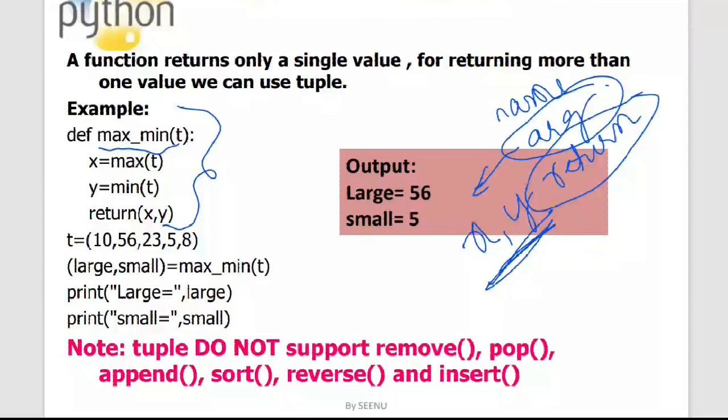If you want to find min and max of 50 numbers, you can make a tuple of those 50 numbers and pass it. When you're passing t, if the tuple is having 50 elements or 60 elements or 70 elements or whatever, all the 70 elements will be passed over here.